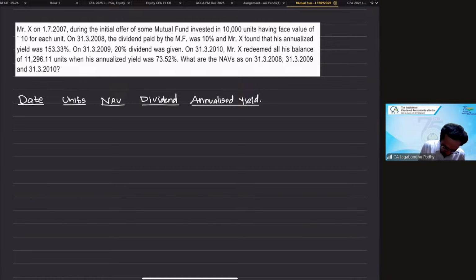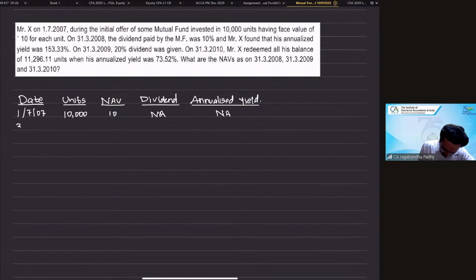So first on 1/7/2007, 1st July 2007, we invested in 10,000 units at an NAV of 10. There was no dividend and no annualized yield applicable.